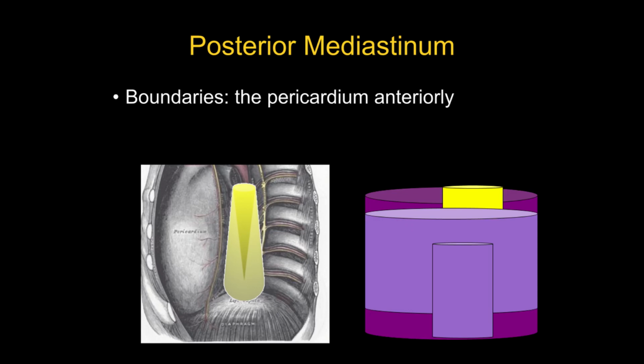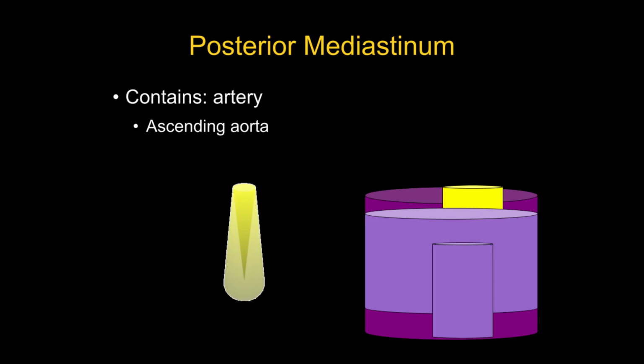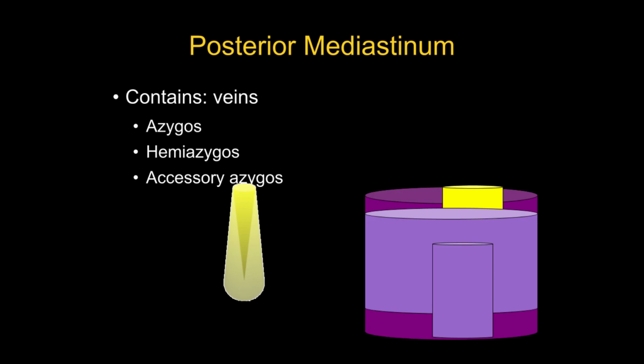In front, you have the protective covering of the heart. Behind, you have the spine. So what's inside? For the major artery in the posterior inferior mediastinum, you have the descending aorta.